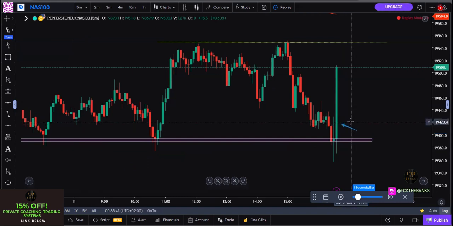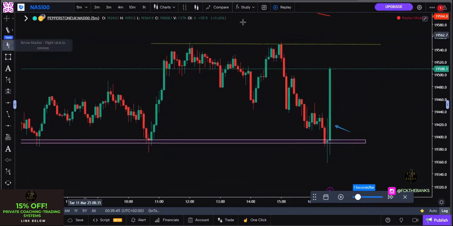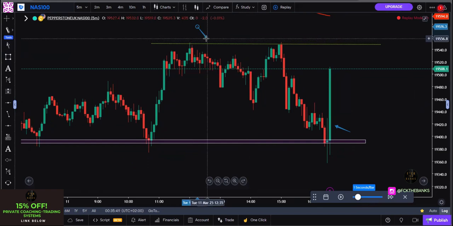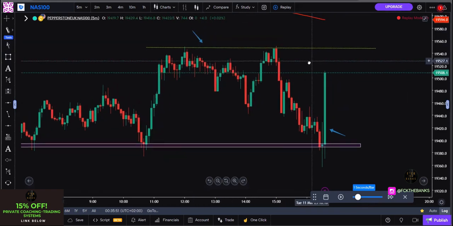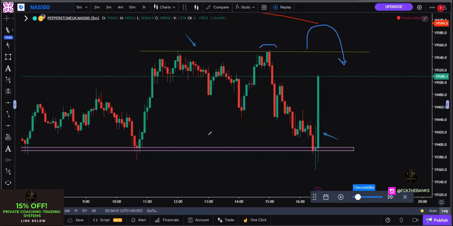Also we have this liquidity level right here, which is the high of the day. So right now we want to anticipate that price will make a fake out from these levels. Let's continue and see if it plays out.